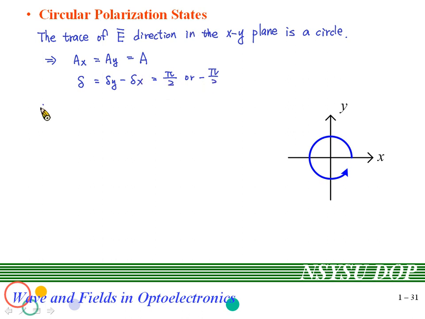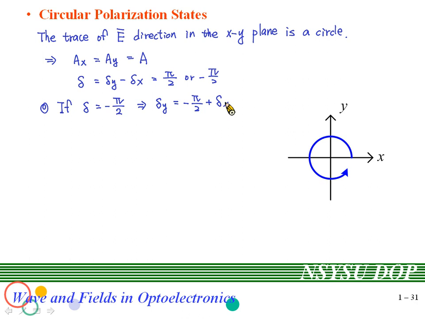First, we consider that the phase difference delta here is minus half pi. By the definition of delta, under this condition, delta sub y can be expressed as minus half pi plus delta sub x.